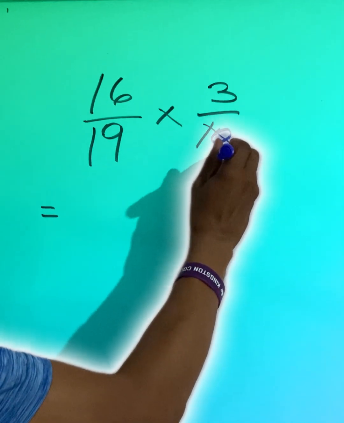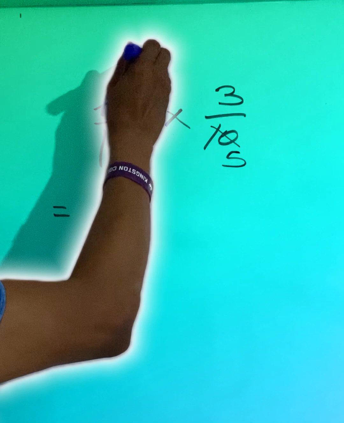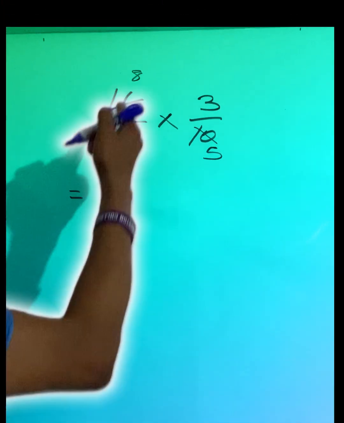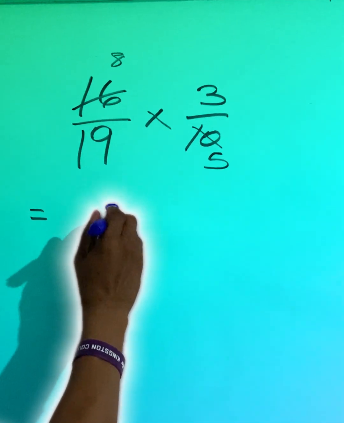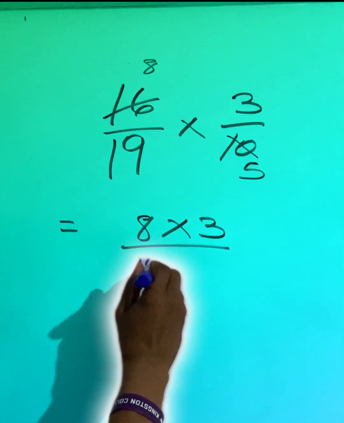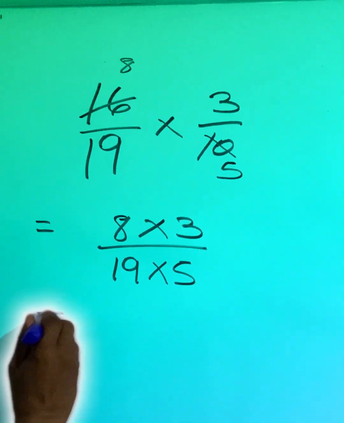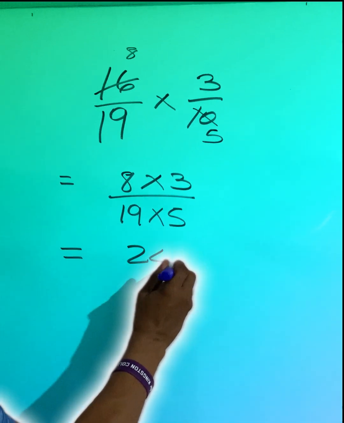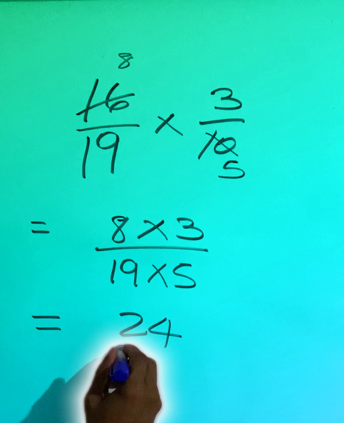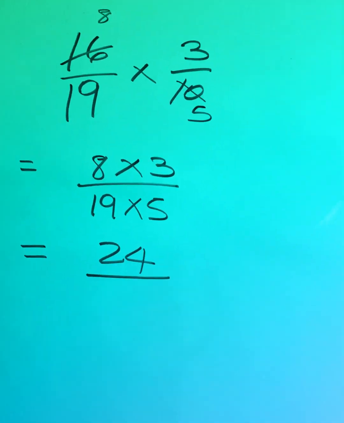2 into 10 goes 5 times. 2 into 16 goes 8 times. Okay? So now 8 times 3 over 19 times 5, which is equal to 8 times 3 is 24 over, what's 5 times 19?